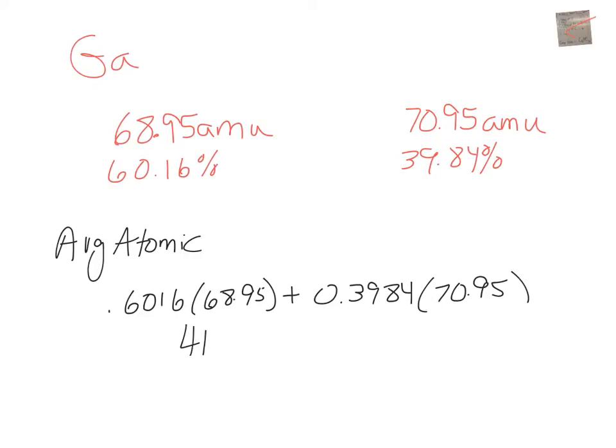So this is 41.5 and 28.25. So when we add those up, we get an atomic average of 69.75.